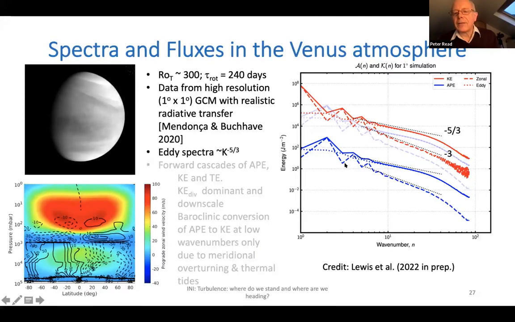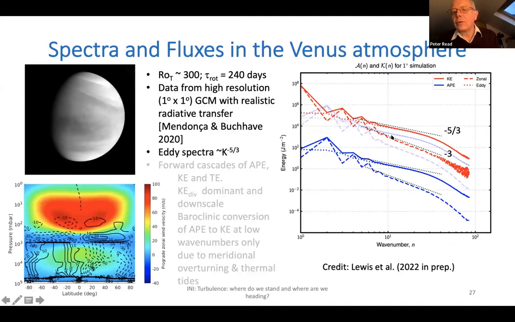This shows again that we see energy spectra that are similar in some respects to what we saw on Earth, but with some significant differences. So now we see a k to the minus 5/3 in both kinetic and potential energy, and this extends over almost all scales that are resolved, except at the high wave number n, which is probably a model artifact.